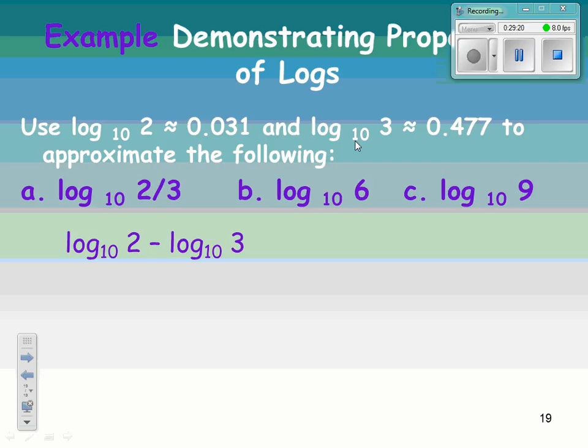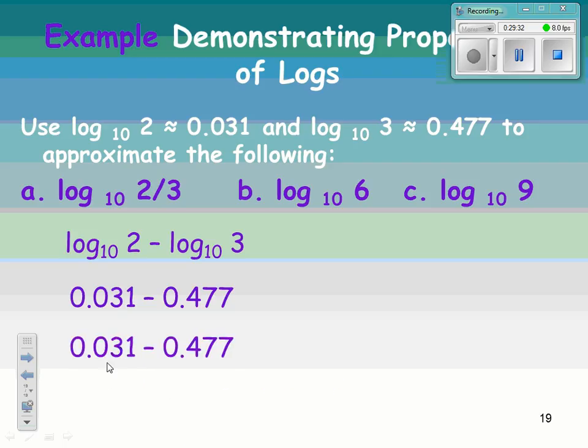And we know log base 10 of 3 is 0.477. So we can subtract these two numbers. So whenever I subtract those, I end up getting negative 0.466.